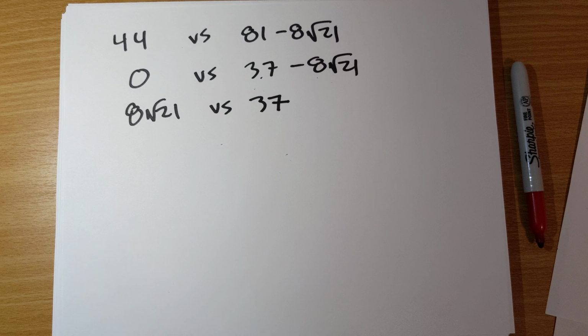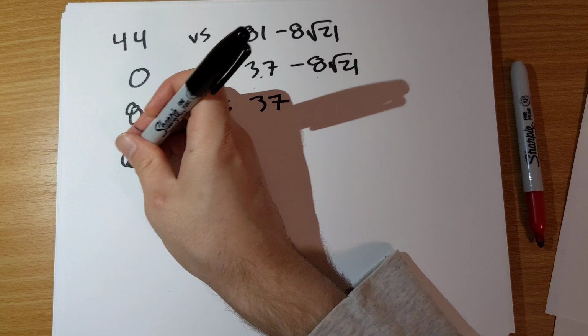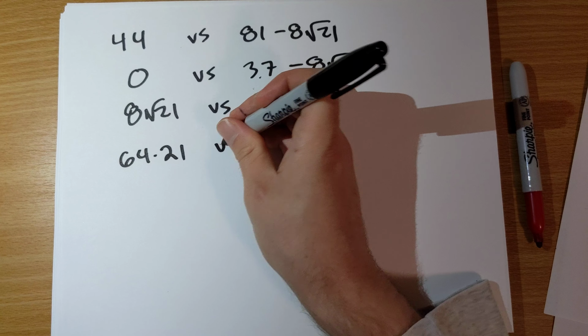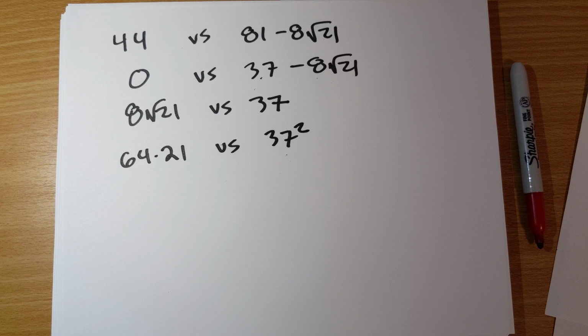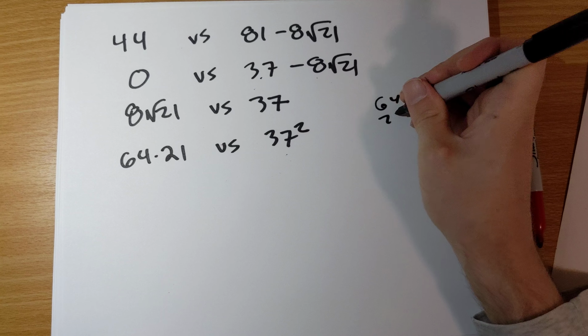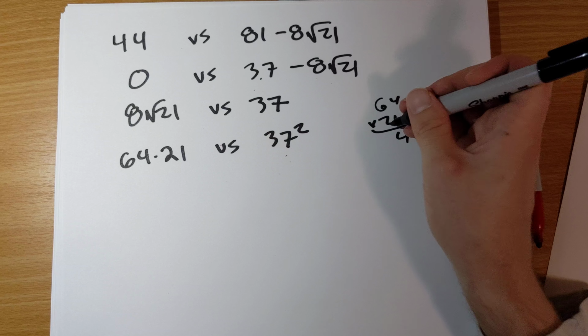Let's see here. If we square both sides, 64 times 21 versus 37 squared. And here I'm wishing I had my calculator, I'm not filming here, so I could use it real quick to figure out which one is bigger. Multiplication here. Sorry for the boring part.